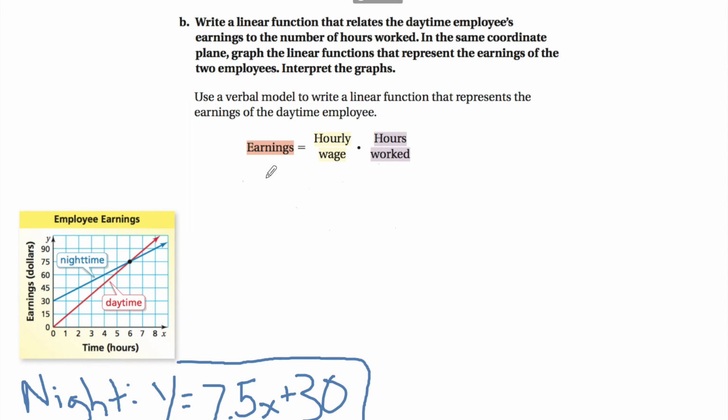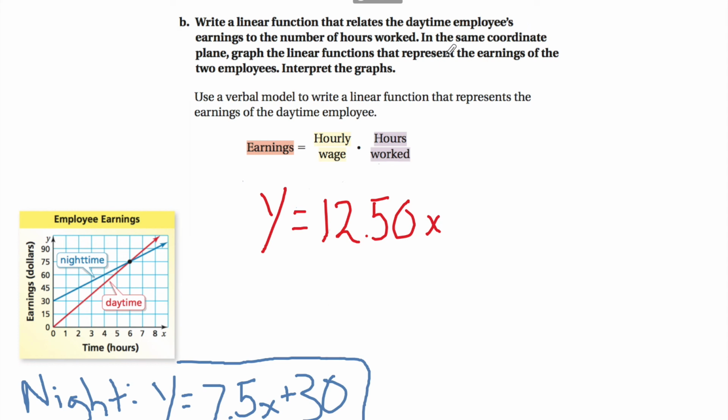The daytime employee's earnings were represented by y equals his hourly wage, $12.50 times the number of hours that he worked. This is a proportional relationship, which means that it starts at 0. If he works 0 hours, he makes $0. Whereas our nighttime employee made $7.50 an hour, but had $30 just for showing up.